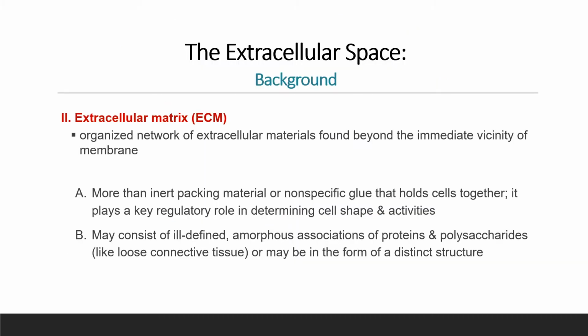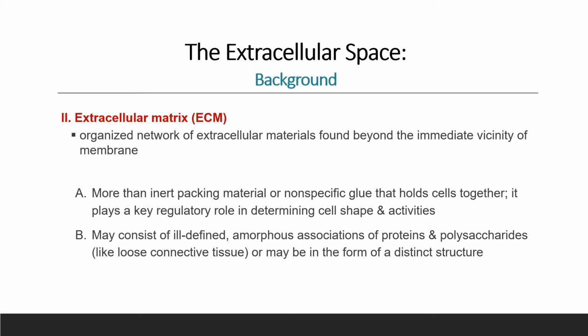So the extracellular matrix, or what we know as the ECM, is actually an organized network of extracellular materials found beyond the immediate vicinity of your membrane. So more than inert packing materials or non-specific glue that holds cells together, it plays a key regulatory role in determining cell shape and activities.